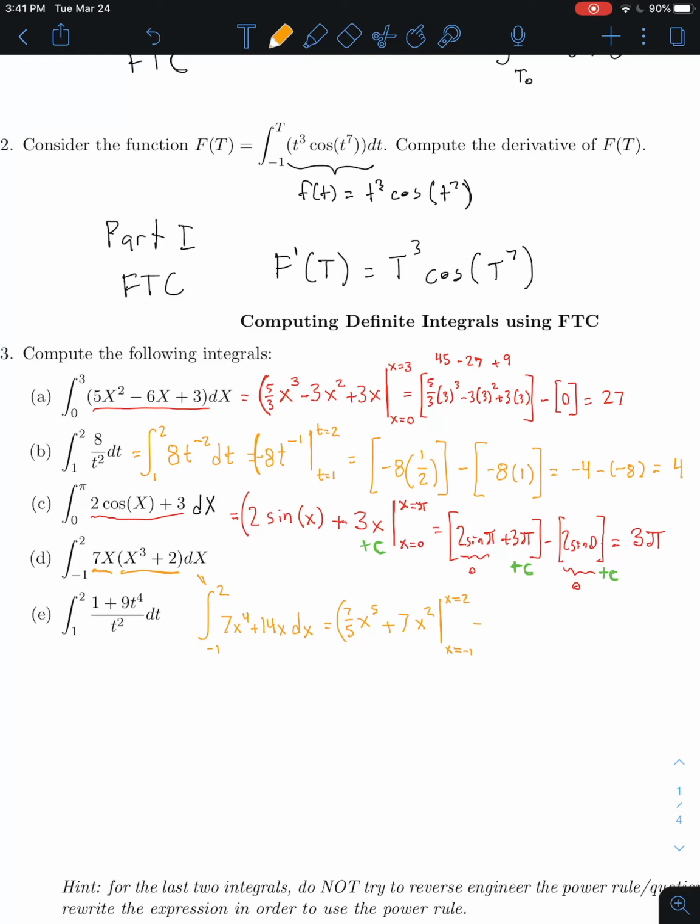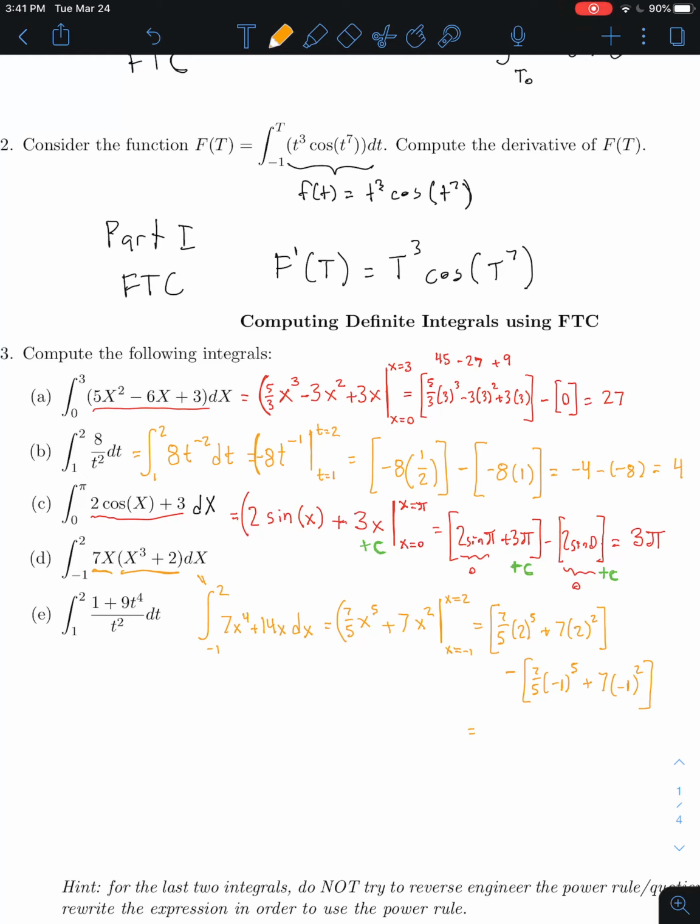Okay, now we want to be careful with our signs this time when we're evaluating, because we have this -1 in our lower bound. So plugging in the 2, we get 7/5 times 2 to the 5th plus 7 times 2 squared. And then we're going to have minus 7/5 times -1 to the 5th plus 7 times -1 squared.